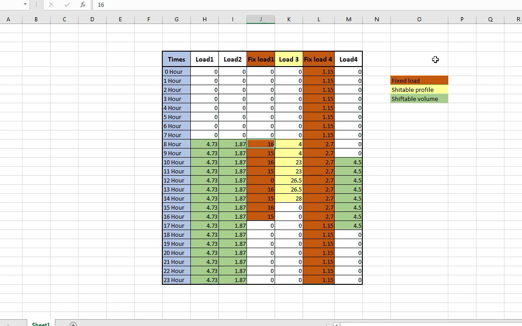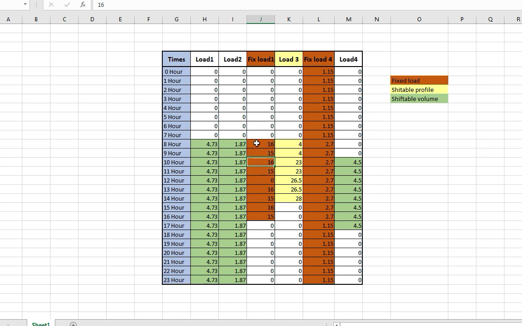It can be observed that this color, these two columns, are the fixed load. It means this load cannot be rescheduled. We have to meet this load demand in these specific hours. So these are the basic needs, the basic fixed load that has to be operated at these specific hours.